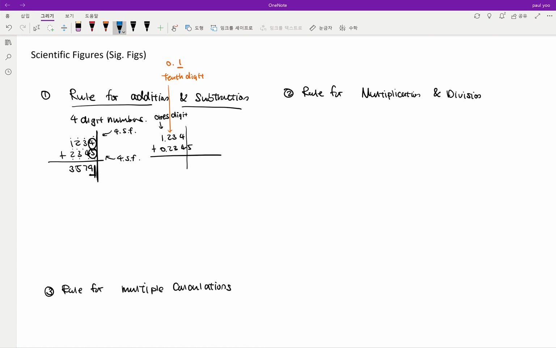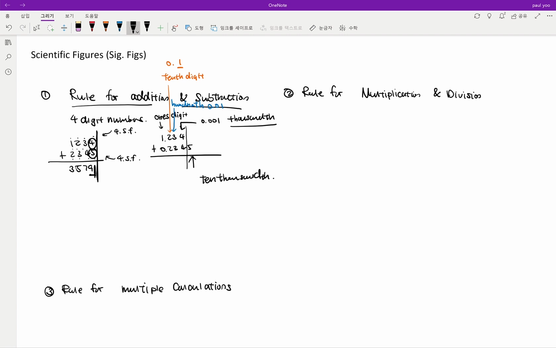The 3 right here will be called the 100th, which is the 0.01 position. And the number 4 is 0.001, the thousandth digit. So the thousandth digit is greater than the 10,000th digit.